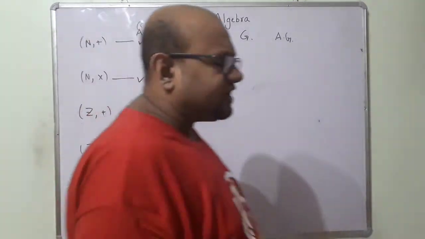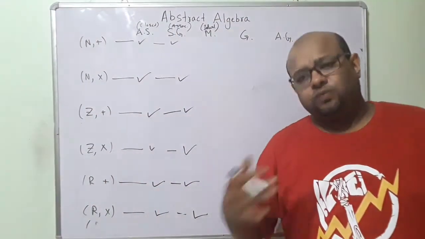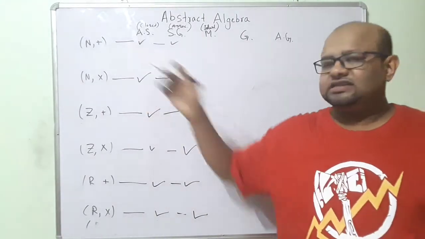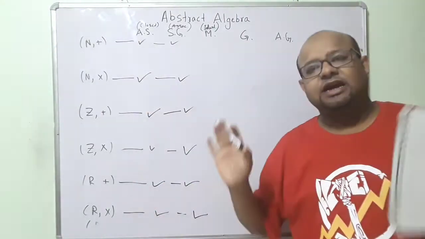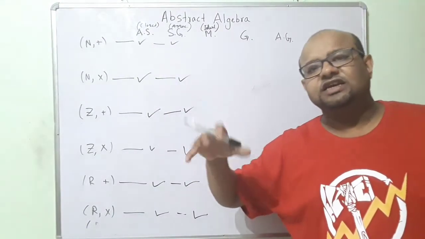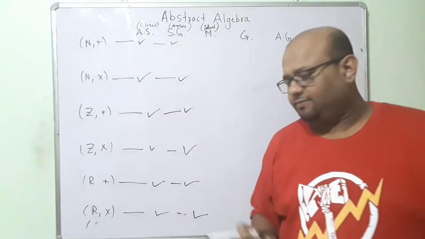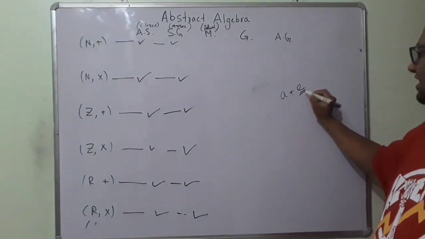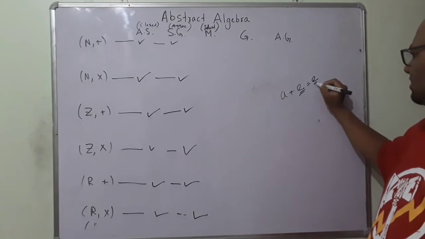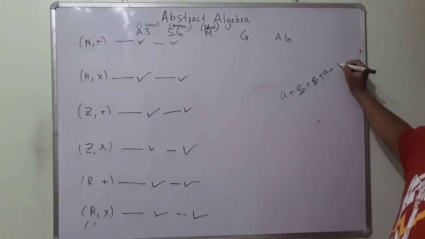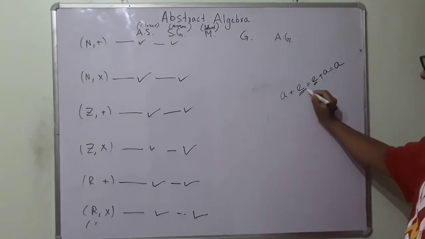The additive identity is what it is that when I add it with something, I will get back that thing. What is it that when something is added to it, I will get back that thing? So A plus E is equal to E plus A, and that is equal to A. What is this E?